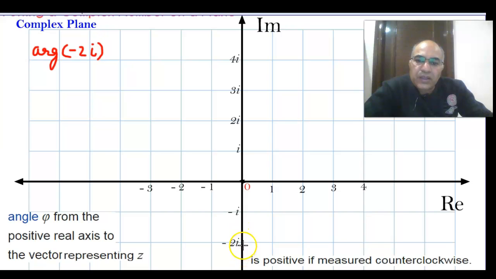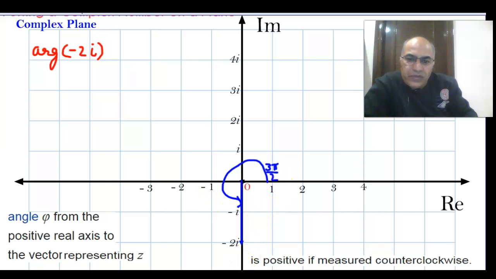Minus 2 iota is represented by this point, and the vector representing minus 2 iota is this vector. Angle which this vector makes with the positive direction of x-axis is this angle, 3 pi by 2.